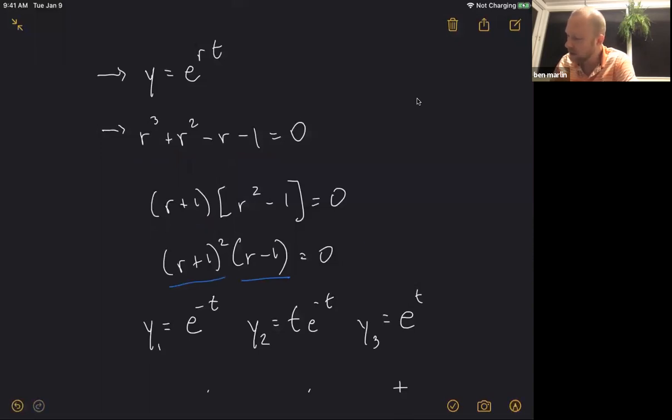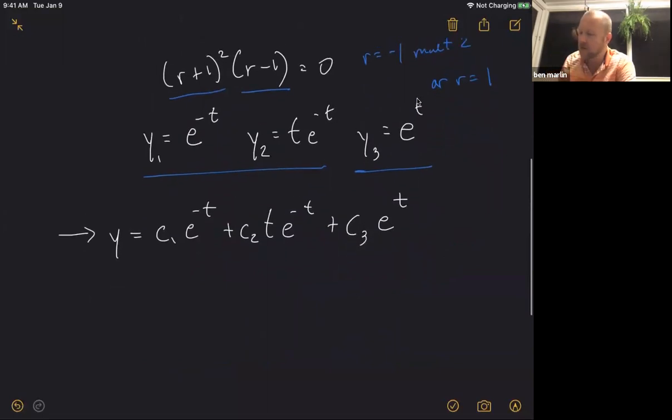That says that you get your r equal to -1 with multiplicity 2, or your r equal to +1. And that gives us these two solutions here for the multiplicity 2, and this solution here for the r equals 1 being multiplicity 1. So that forms a solution set. Sometimes you'll hear them referred to as a fundamental solution set.